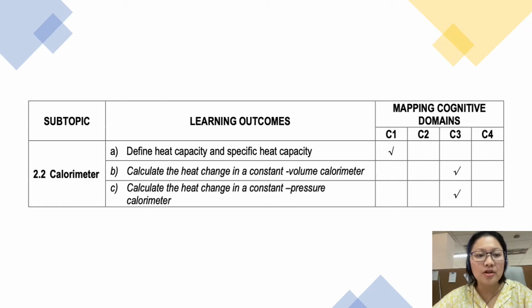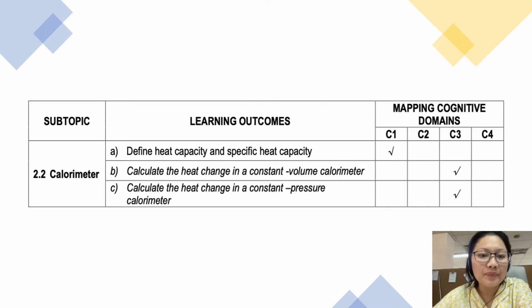Okay, in this topic calorimeter, we have 3 learning outcomes as you can see here. So what is the thing that you have to know? A, we have to define heat capacity and specific heat capacity. Okay, we have to define it.